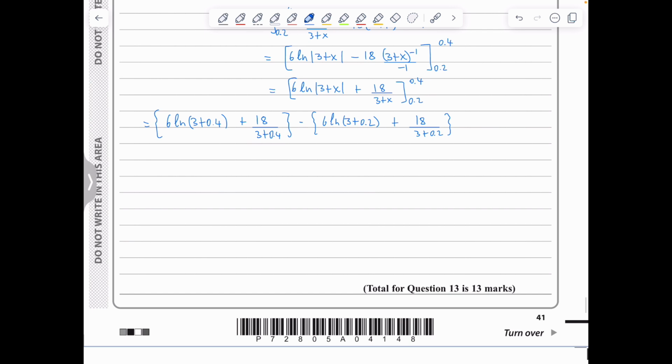We get 6 ln of 3.4 plus 90 over 17 minus 6 ln of 3.2 minus 45 over 8. I will be combining the two logarithms together to get 6 ln of 3.4 over 3.2. And if I do the 90 over 17 minus the 45 over 8, I'm getting minus 45 over 136, which means we're looking at 6 ln of 17 over 16 minus the 45 over 136, which is identical to the answer we obtained through the first approach.